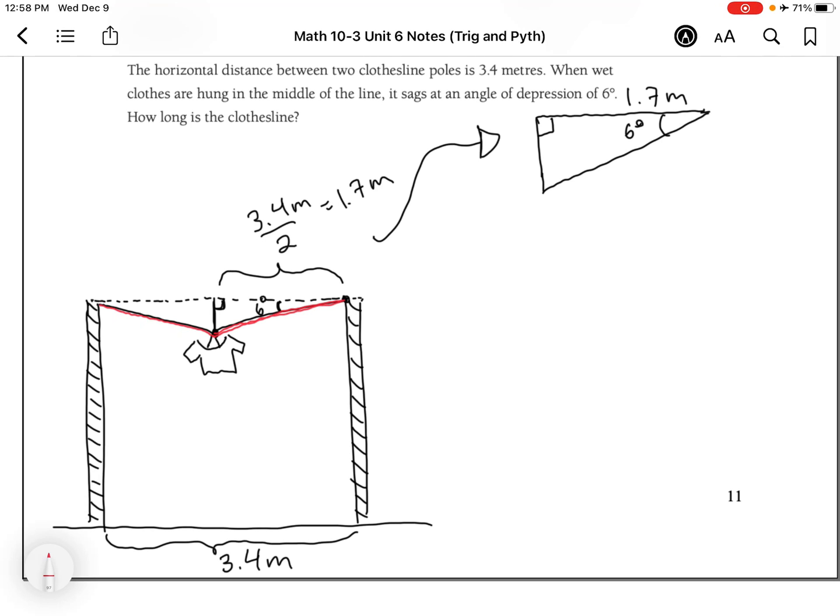Well, if we can find this part of the triangle, the length of the clothesline is going to be double that, because we have this exact same triangle in the mirror image on the other side. So our goal here is to find this red line. And if we can find the length of that red line, then we can figure out the length of that clothesline. So that's what we're going to do.